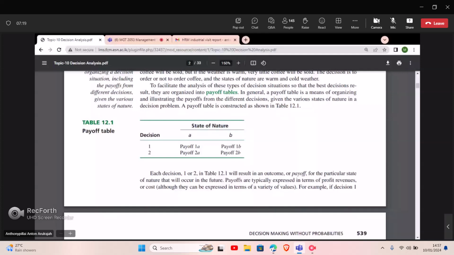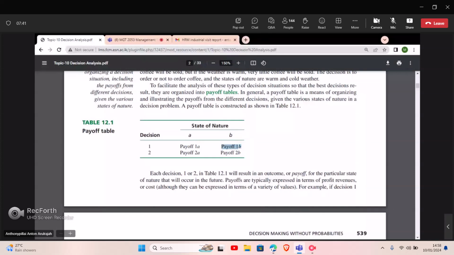This is the payoff, the return, for decision one in a particular state of nature A. Then decision one with B gives the monetary values we are going to get.